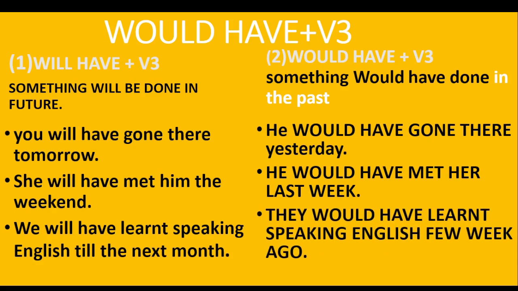It means they had learned speaking English a few weeks ago. It means this action had been completed a few weeks ago. So here you can see the differences: "will have" shows some action will be completed in the future, and "would have" shows some action had been completed in the past.